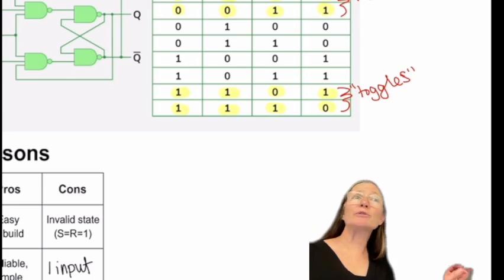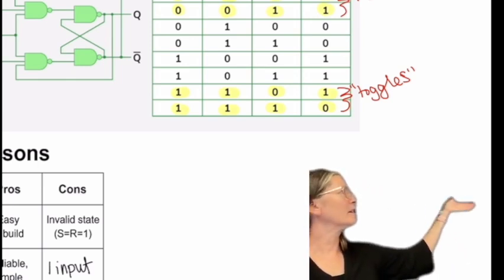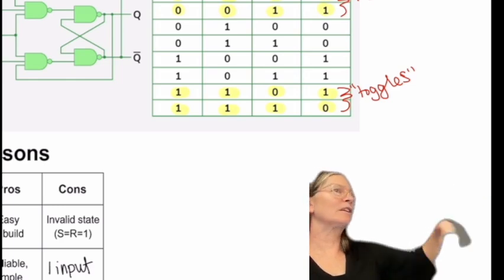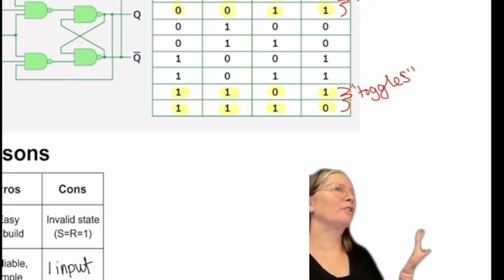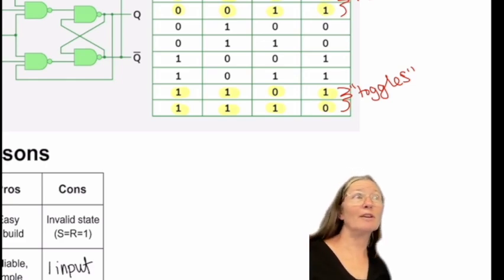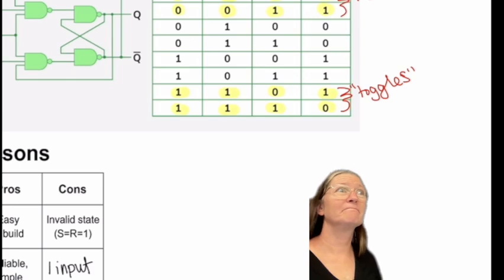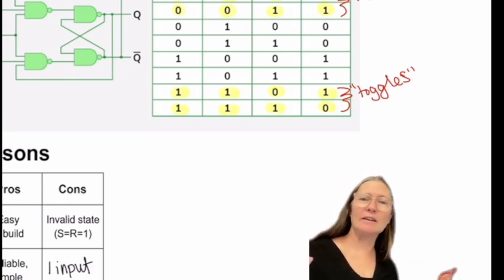And this is very useful in a counter situation, because if you tie these to 1s, then you don't have to do anything, and it will automatically keep counting for you. And you'll see how this can be connected to do that. I'll show you how you hook it up, and it depends on how you want to hook it up.